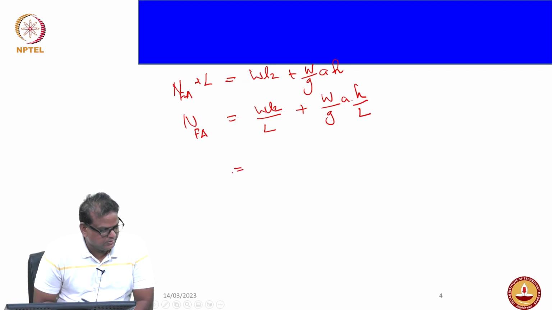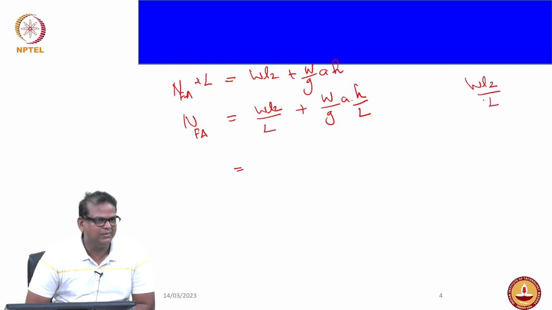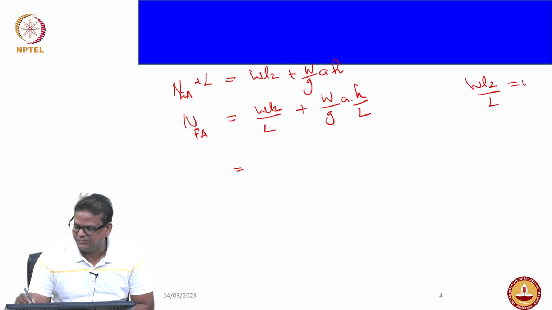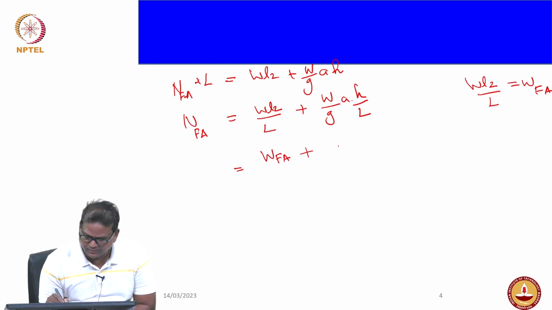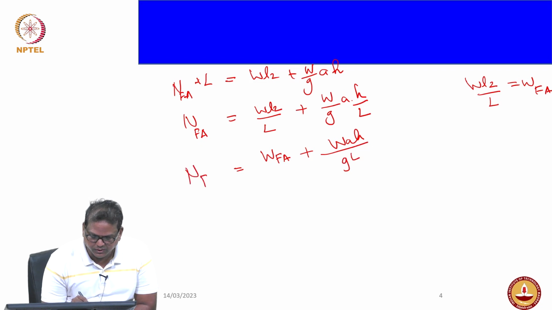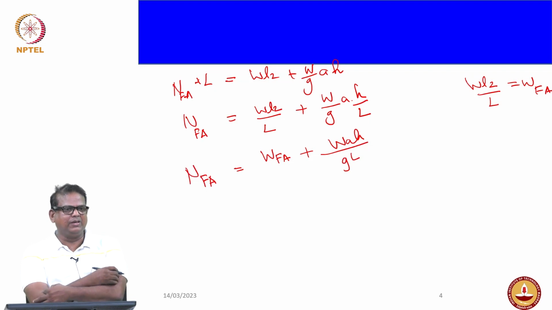So, previously we found WL2 by L equal to what? WFA, right, that is what we know. So, NFA equals WFA plus W A H by G L. So, this is the reaction force you would experience when the vehicle moves in dynamic condition.